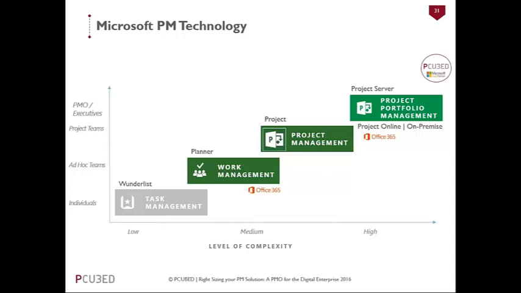Now, this is where things again get a little bit noisy or somewhat confusing. Microsoft has two brands or two flavors of Project Server. One is the on-premise, and that's what we at PCubed have been working with, and we're kind of experts at for years, helping organizations install Project Server on their hardware.